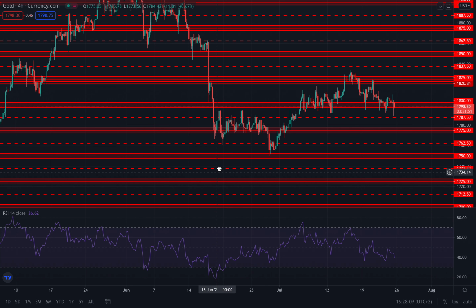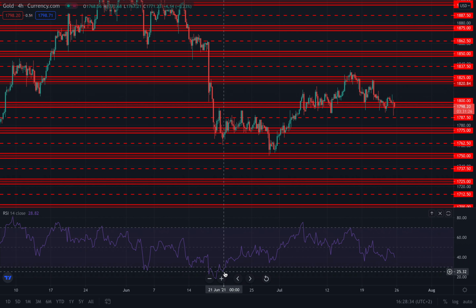Here, the market created a lower low. Then here, the RSI line graph created a higher low. So this is how we spot our divergence. This is a sign of reversal.